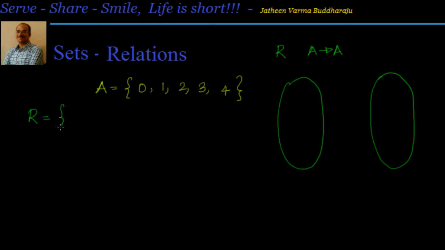We will say relation R is equal to x comma y, because we have to do with ordered pairs, such that x belongs to A, y belongs to A.